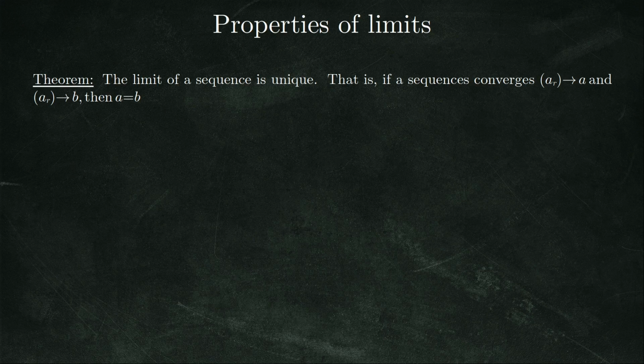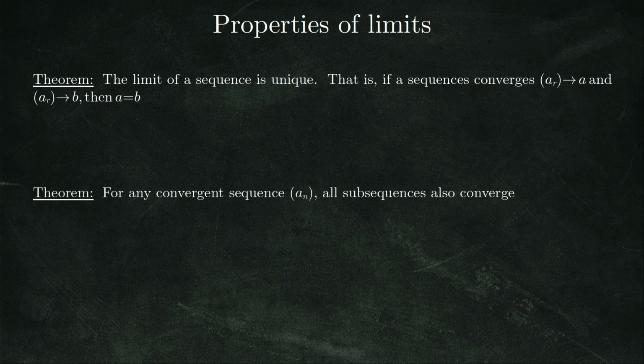And really the reason for this is that the distance between any two different points is never 0, it is always greater than 0. Therefore, if a sequence converges to one point, say point A, then the distance to point B obviously can't converge to 0.